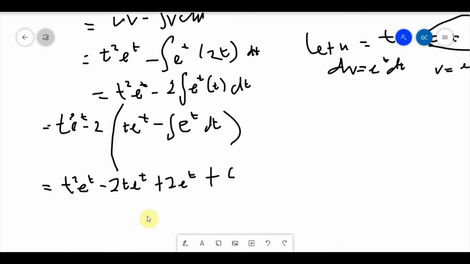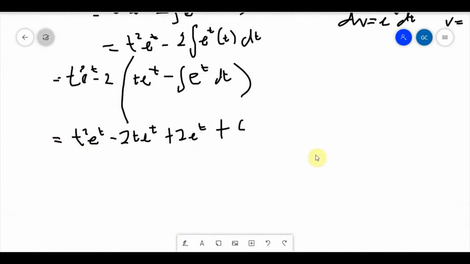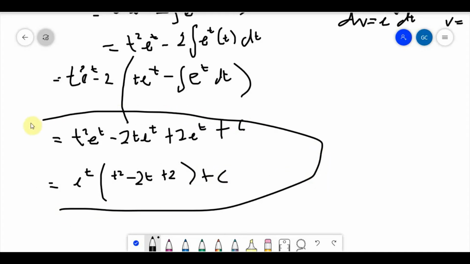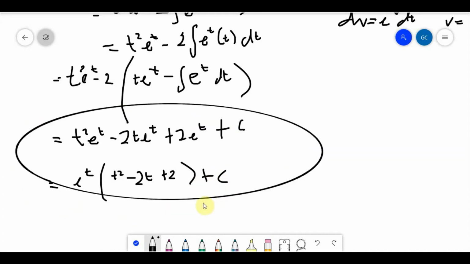Now this could be your final answer, but for me, because they have a common factor, which is e to the t, I would gladly do this: e to the t times t squared minus 2t plus 2, plus some constant c. Now this is your final answer.